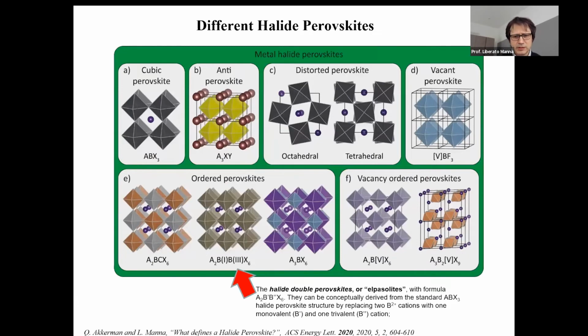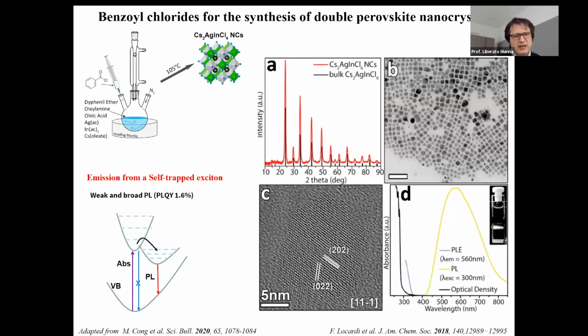Now we also did work on different types of materials. So for example, we worked a lot on double perovskites, where the lead is replaced by one monovalent cation and one trivalent cation. A first example of the synthesis is these cesium silver indium chloride nanocrystals.